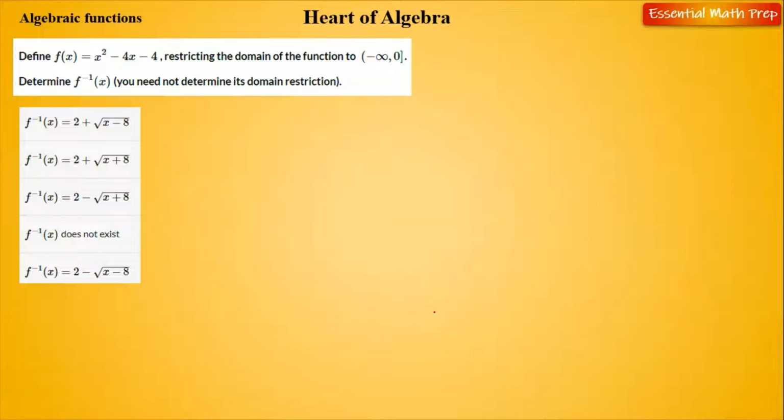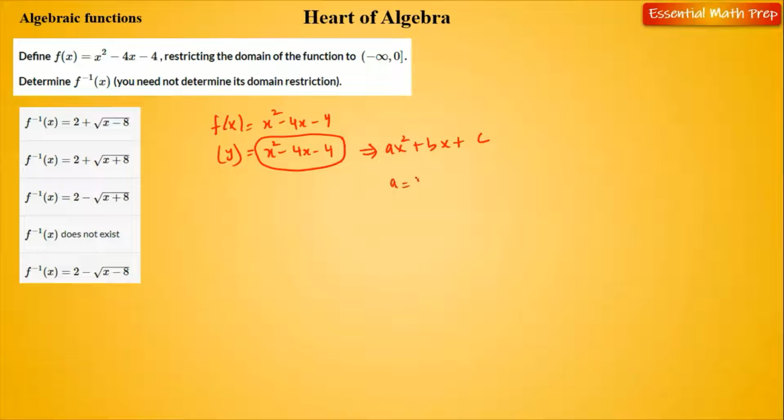Define f of x equals x squared minus 4x minus 4, restricting the domain of the function to (-∞, 0]. Determine f inverse of x. How do we do it? Well, first, the function f of x equals x squared minus 4x minus 4. You can replace f of x with y, which is equal to x squared minus 4x minus 4. Now this is a quadratic expression, which takes the form ax squared plus bx plus c.